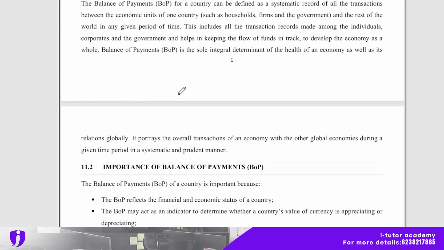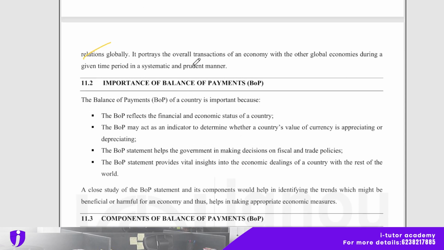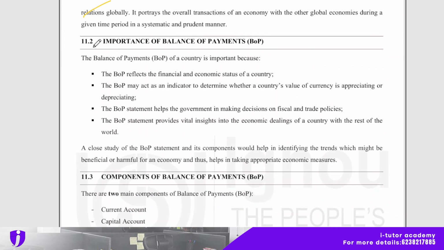Balance of payment is the sole integral determinant of the health of an economy as well as its relations globally. It portrays the overall transaction of an economy with the other global economies during a given period of time in a systematic and prudent manner.